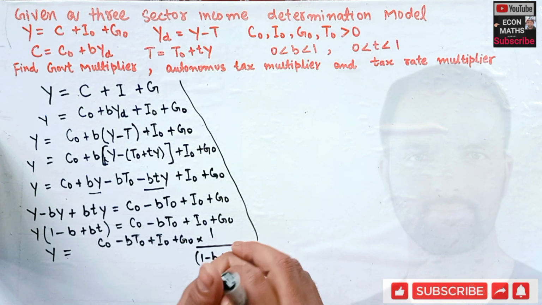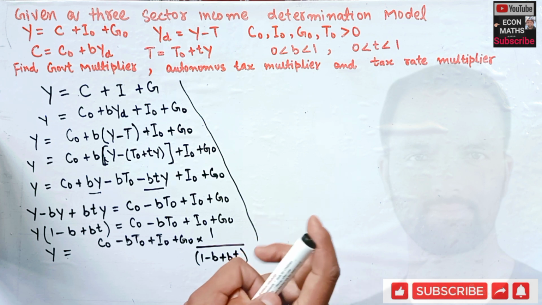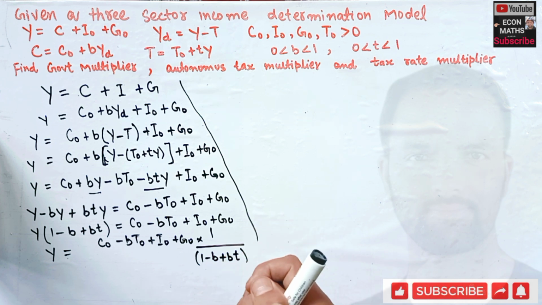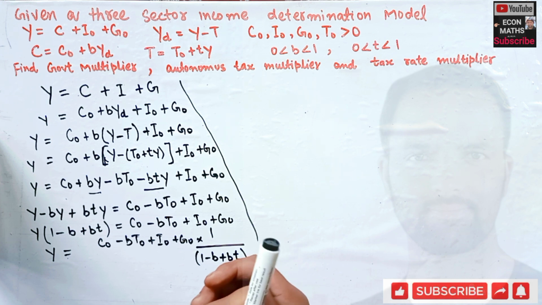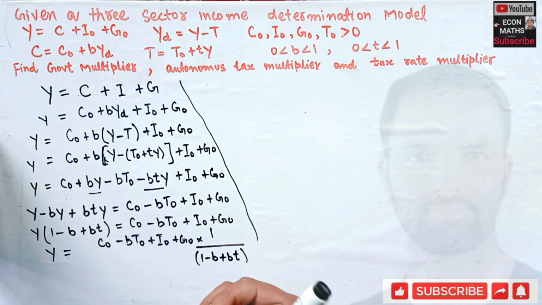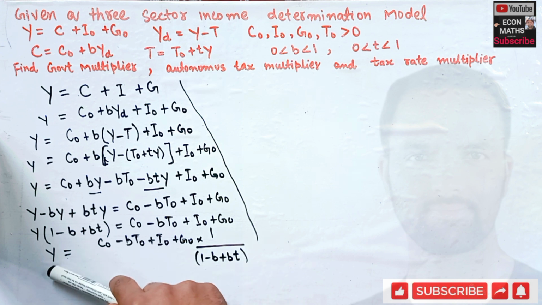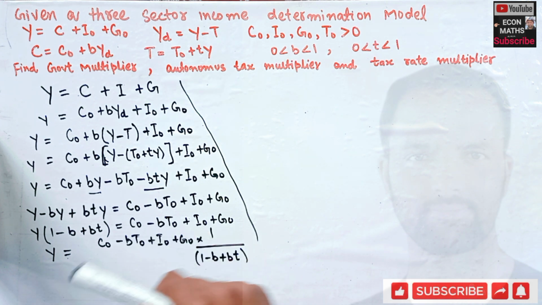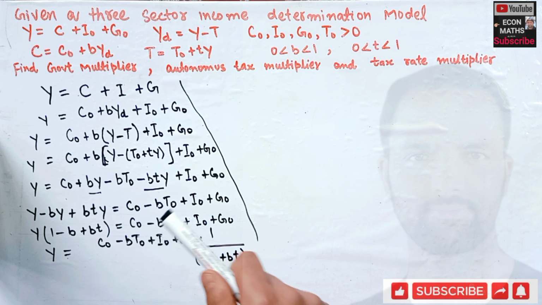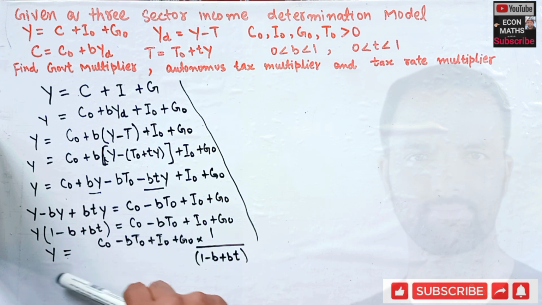Okay, now we are in a position to find the government expenditure multiplier. So what is actually the government expenditure multiplier? We have to see the impact of change in the government expenditure on the equilibrium level of income. When we are talking about change, that means we have to take the partial derivative of this equation with respect to G naught.